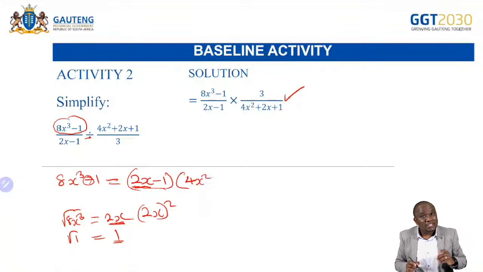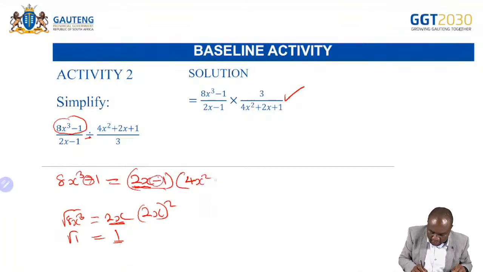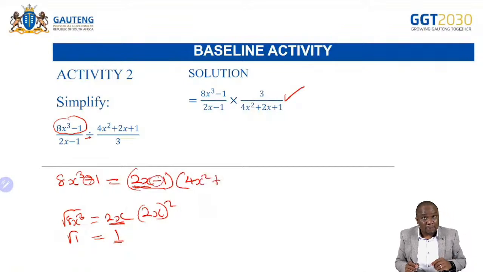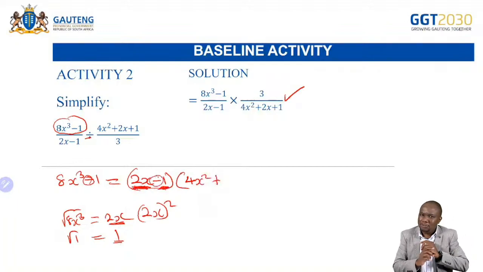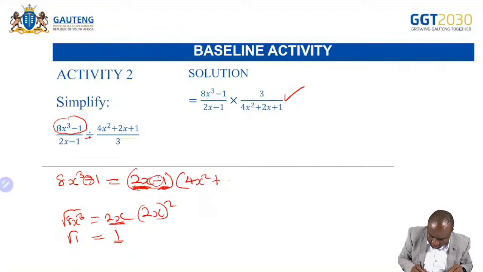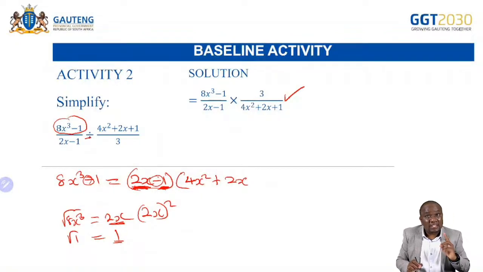Then what do we do? Change the sign, change the operation. It's minus here, so it becomes plus. The next step, we multiply the terms, 2x times 1. If you follow those steps, you'll never go wrong with this. 2x times 1, we have 2x. Then the last operation is always plus.